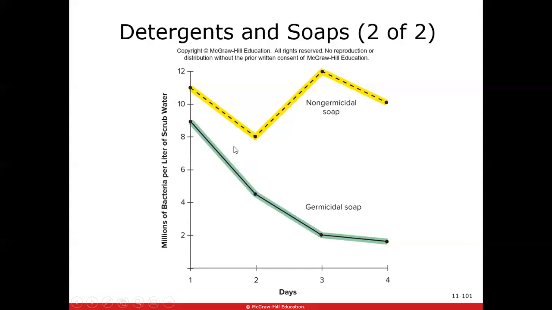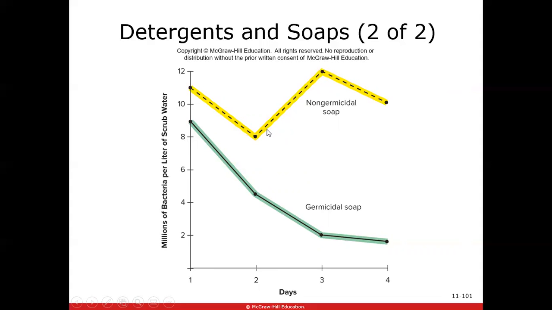Here, detergent and soap is showing there's millions of bacteria over a number of days. If you have a non-germicidal soap, you have quite a bit of bacteria over a period of days when you clean with non-germicidal soap.